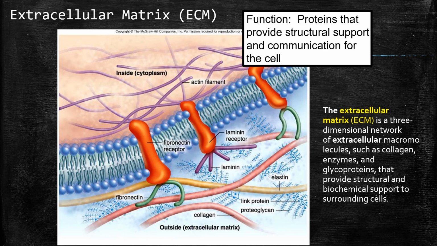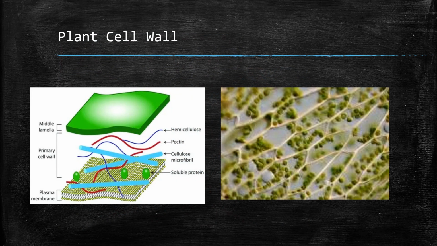In plant cells, we have a cell wall. So here we have our plant cells, and to the right you can see each one of these blocked off here. That is a plant cell. So in our plant cells, outside of the cell membrane, we have a plant cell wall. So in the image to the left, here is our cell membrane, that phospholipid bilayer.